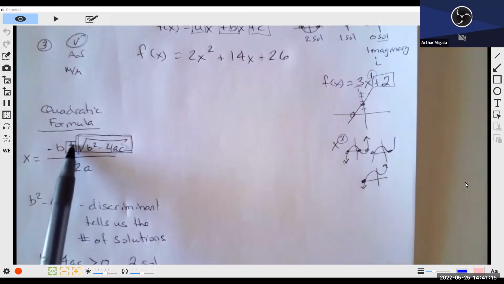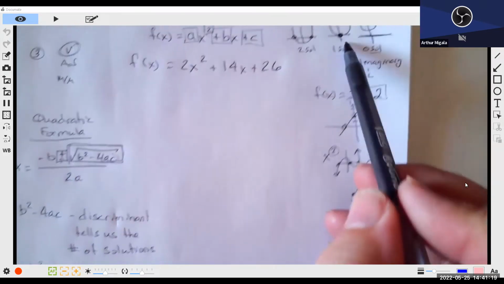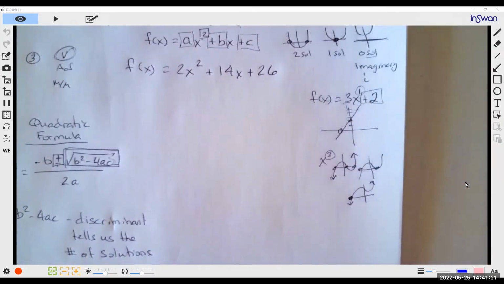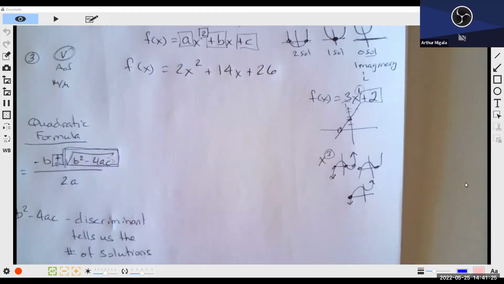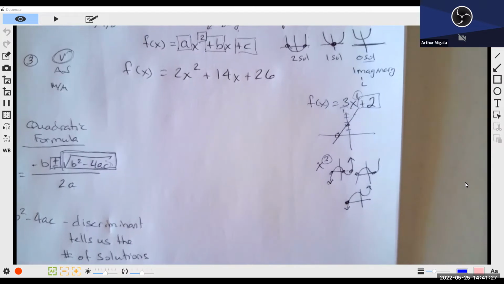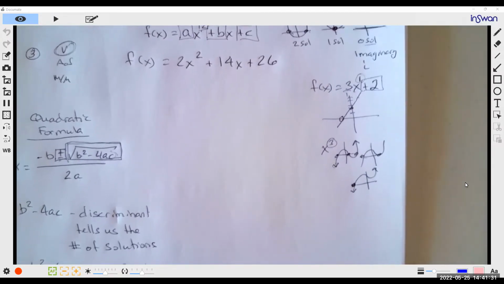If the number inside equals 0, all this stuff disappears. All we have is negative b over 2a. We only have 1 solution. And if it's negative, that means it's imaginary. We'll have no real solutions, but we'll have imaginary. Okay, now I understand.